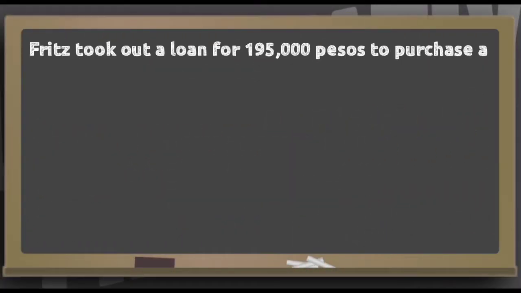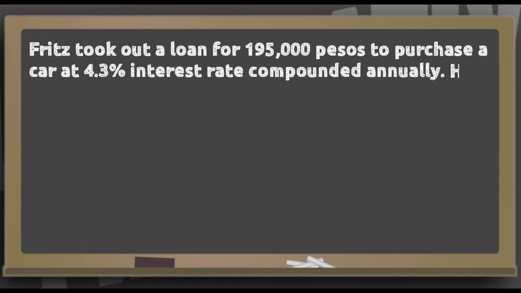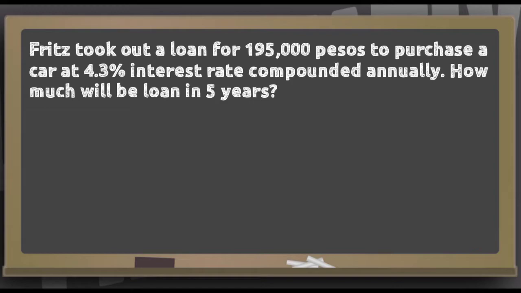Fritz took out a loan for 195,000 pesos to purchase a car at a 4.3% interest rate compounded annually. How much will be the loan in 5 years? So the formula of getting the compound interest is amount equals principal, open parenthesis, 1 plus rate, close parenthesis, to the power of time.